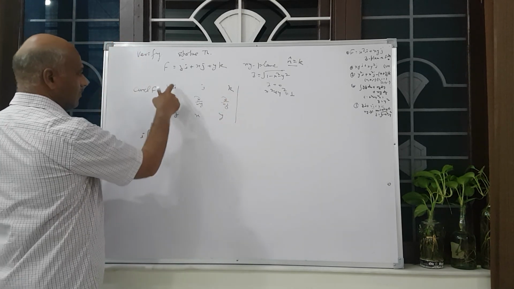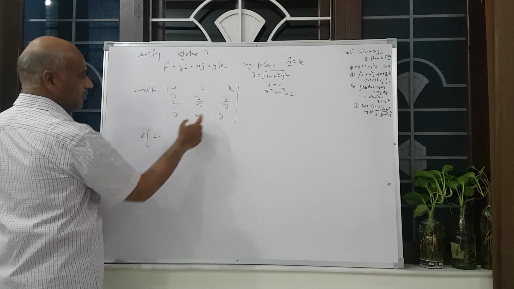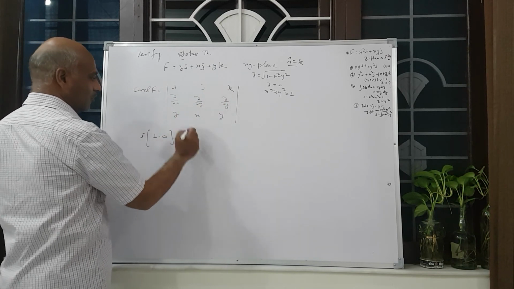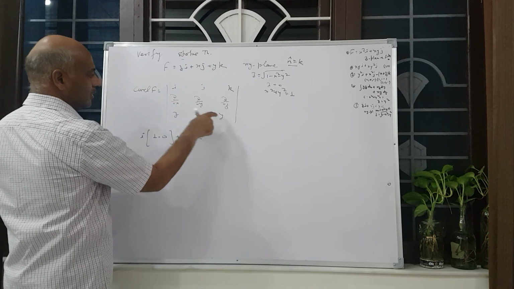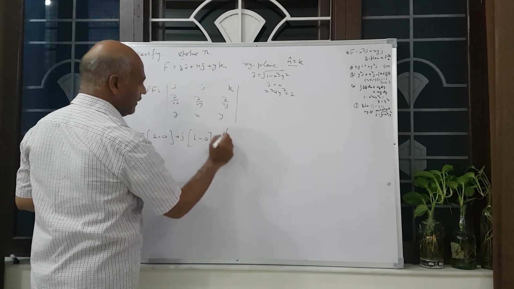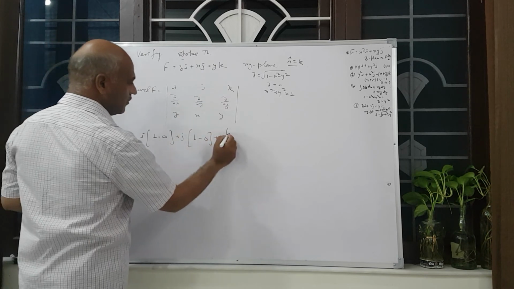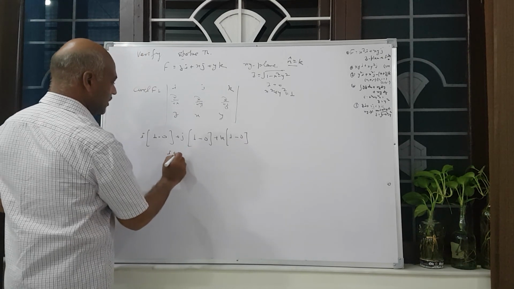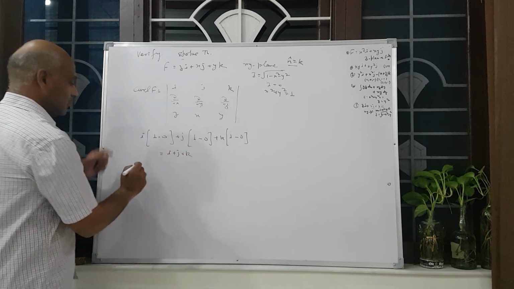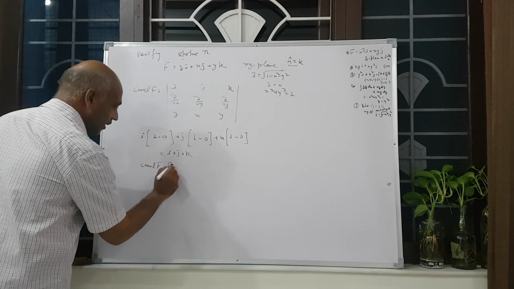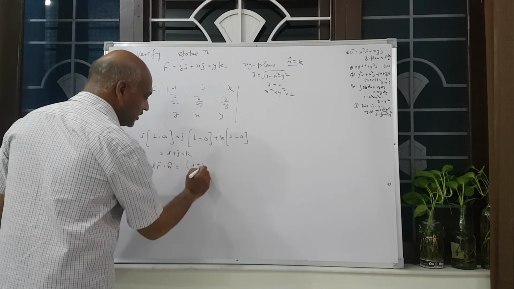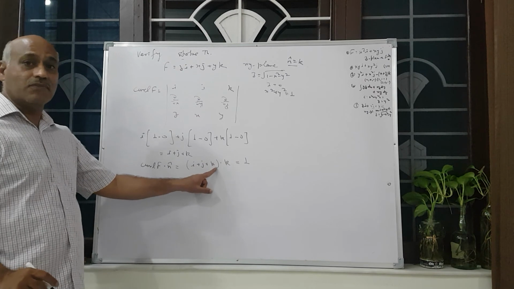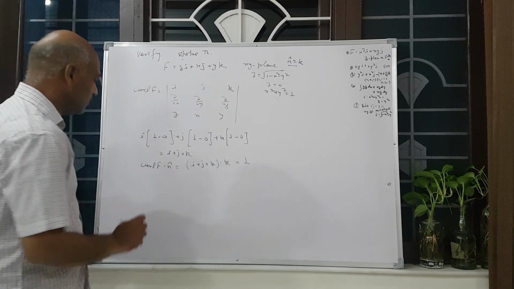So i, with respect to y 1 minus 0, plus j, this has gone 1 minus 0, plus k, this has gone 1 minus 0, means i plus j plus k. So curl f dot n cap means i plus j plus k dot k. k dot k is 1, others all 0. So this is 1.